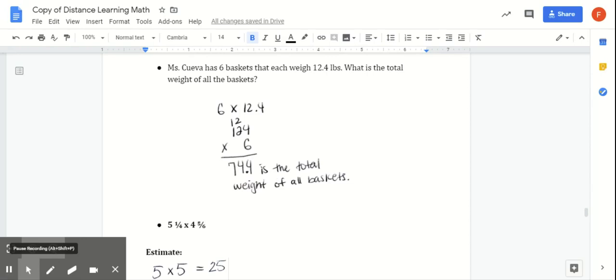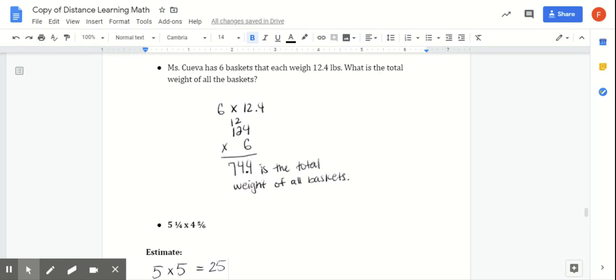Now, when solving this problem, we must remember the rule about decimals and multiplication. While multiplying and using the algorithm, I will take out my decimals as if they aren't there, and then I will solve that way. So I'm going to get 124 times 6, and that's going to get me 744.